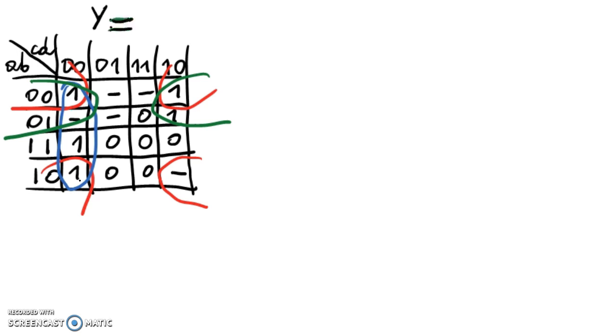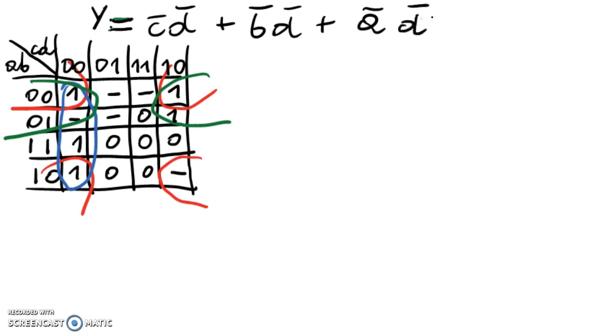It is equal to the first, the black one, not C, not D; the red one, not B, not D; plus also the green one, not A and not D. But looking at this, the red one is redundant.